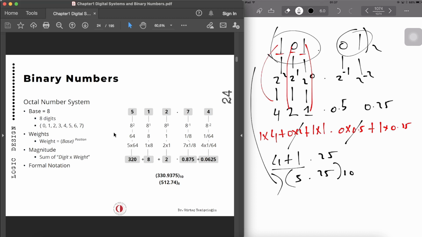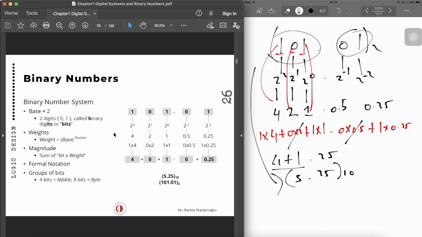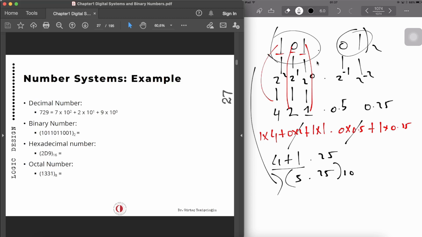Okay. Now we can try different numbers, we can try different bases, and you can see how easy binary numbers are, where we just have ones and zeros. So this is a typical example where we have the decimal number 729. 10 to the power 0 for 9, 10 to the power 1 for 2, and 10 to the power 2 for 7. And you just use the weights and multiply them out.